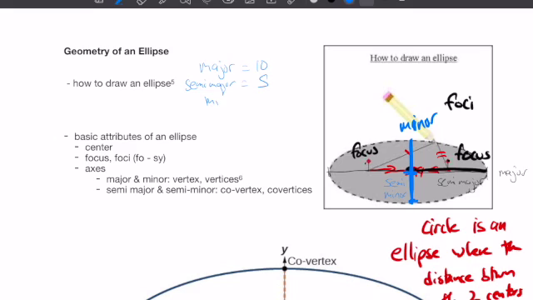And if the minor is 6, then the semi-minor is 3. So if we compared the major to the minor, that's 10 to 6. If we reduce that, since they're both even numbers, we could reduce that to 5 over 3. Now notice that's the same ratio as the semi-major to the semi-minor.